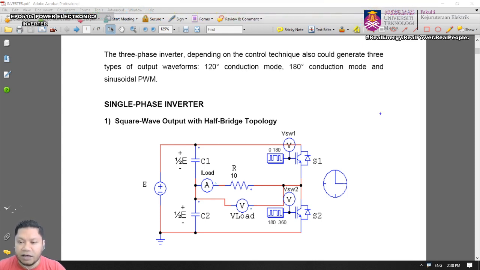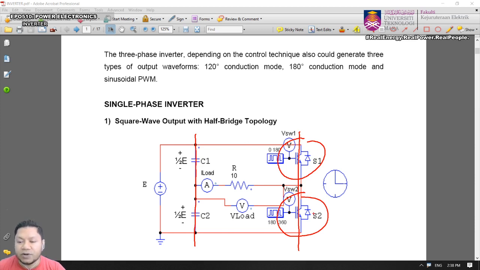It is known as a half bridge because you only utilize two devices, S1 and S2. We call the legs leg 1 and leg 2. So one of the legs will consist of two switches, S1 and S2.